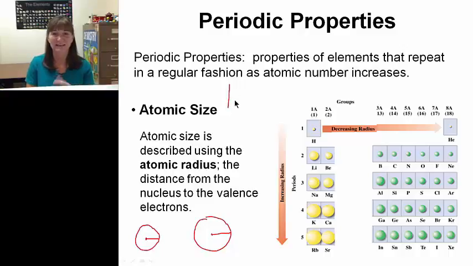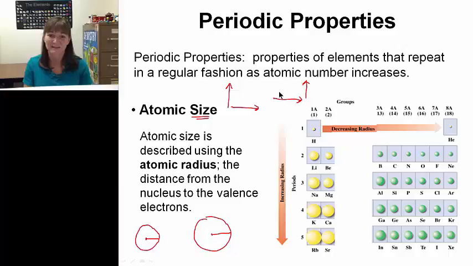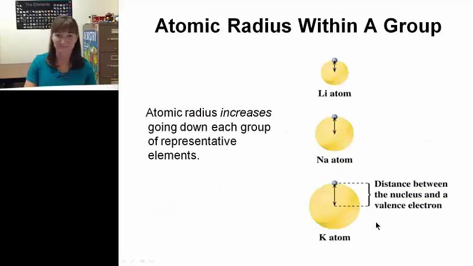So I say if I'm focusing on the size, because that's what we're working on here, that my sides get smaller as I go up and my sides get smaller as I go right. So that's how I have it memorized. So smaller from left to right and smaller from bottom to top is the size. Size gets smaller. But it doesn't matter how you do it. If you like to do it the way your book is doing it, that's totally fine.